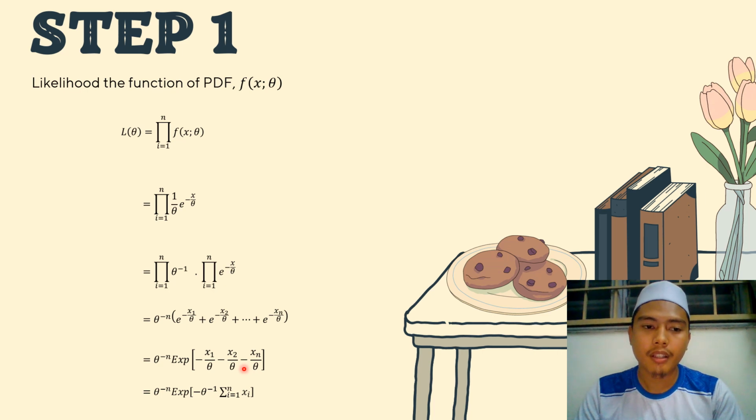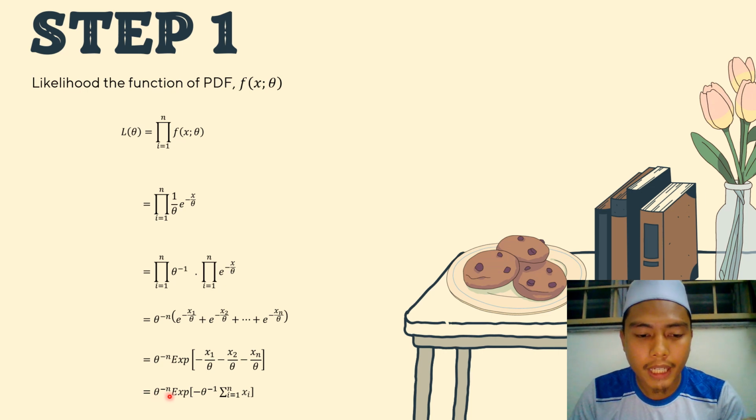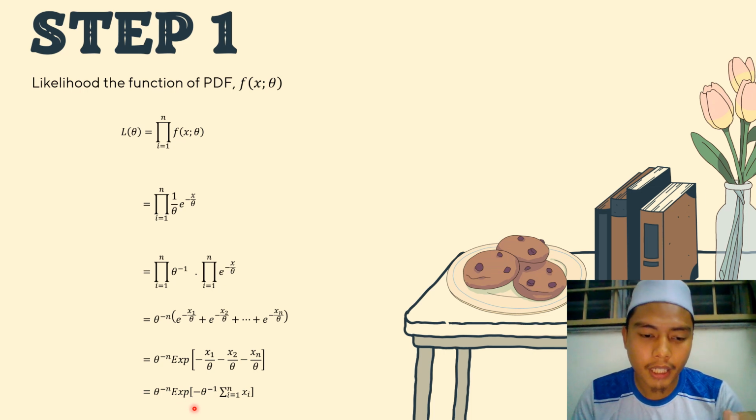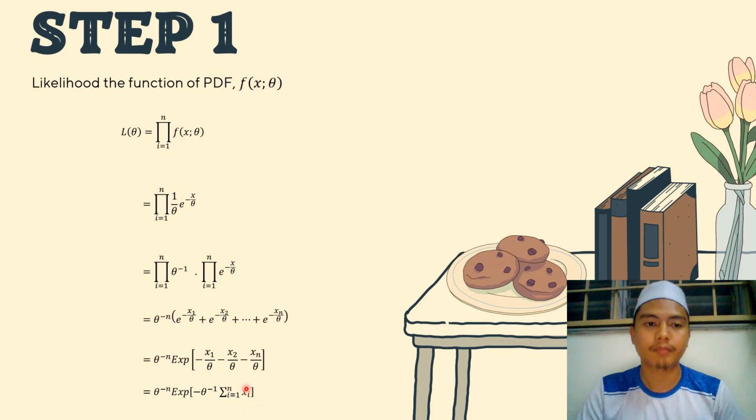So we just write theta power of negative n times exp, or exponent, bracket negative theta power of negative 1 times summation of x.